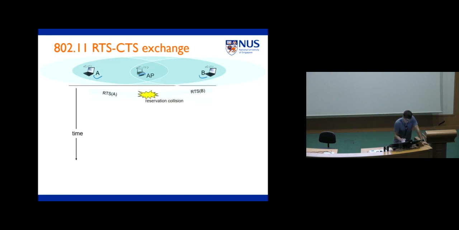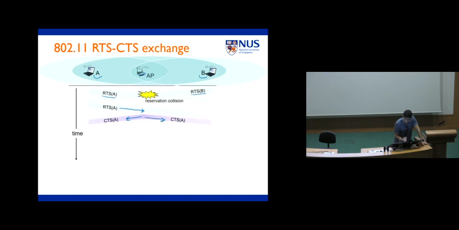So they both send reservations. By some small chance, their reservations may collide at the access point. If that happens, they will just send again a while later using random backoff. Let's say in this case, wireless host A's RTS arrived first. So the access point received RTS from A first, and it will reserve that resource for A. So it will broadcast a CTS.